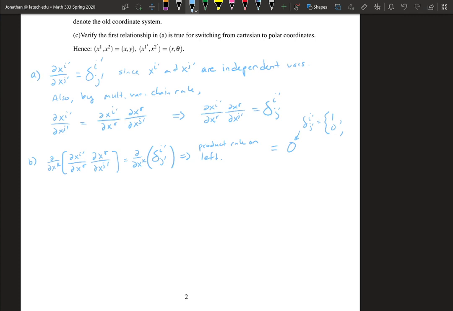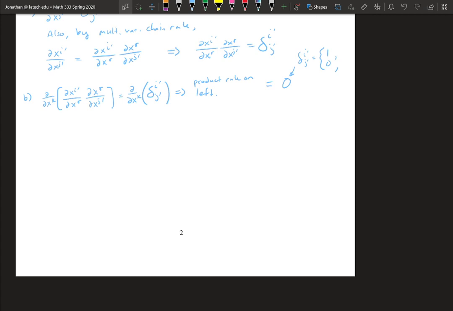So now all that's left to do is take the product rule on the left. xi prime of xr is a function of x and r. So this would be partial squared xi prime partial xk partial xr times partial xr partial xj prime, plus partial xk of partial xr partial xj prime times partial xi prime partial xr.